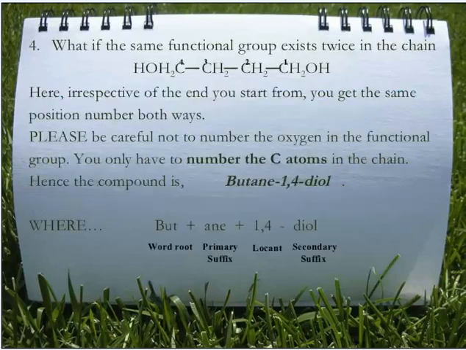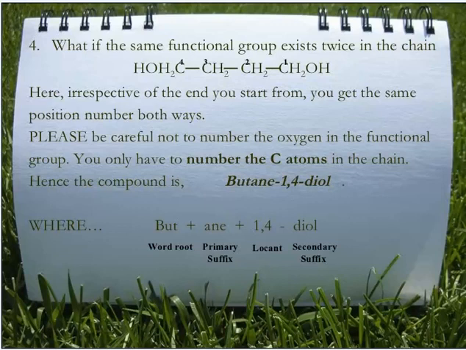What if the same functional group exists twice in the chain? For example, CH2OH, CH2, CH2, CH2OH. Here, irrespective of the end you start from, you get the same position numbers both ways. Please be careful not to number the oxygen in the functional group.